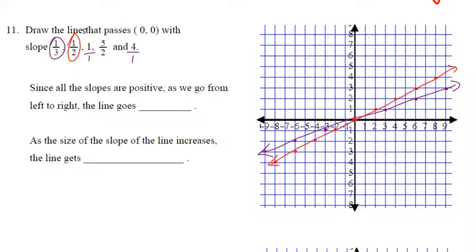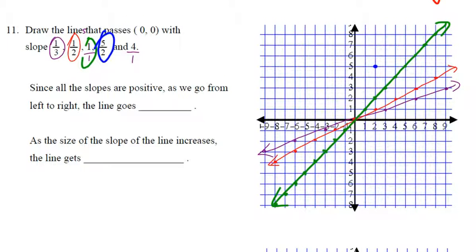All right. Slope of 1. Up 1 over 1, up 1 over 1, up 1 over 1, and then down, down. Slope of 5/2.